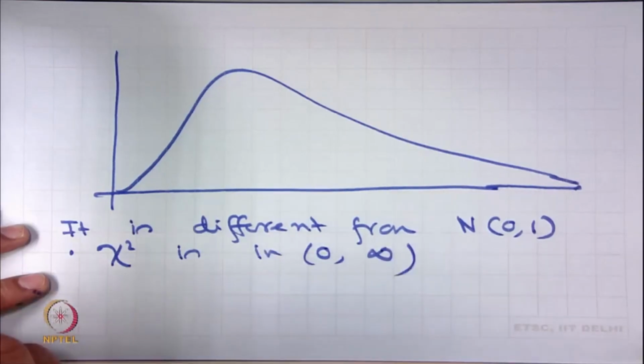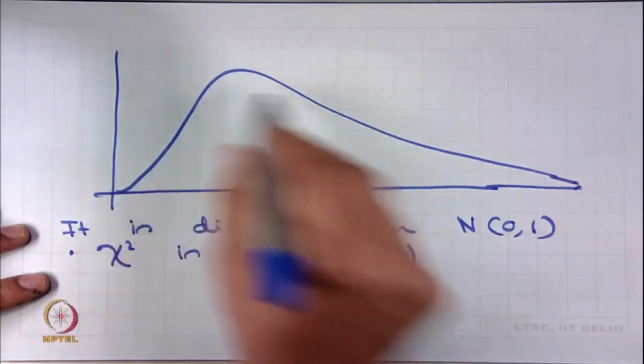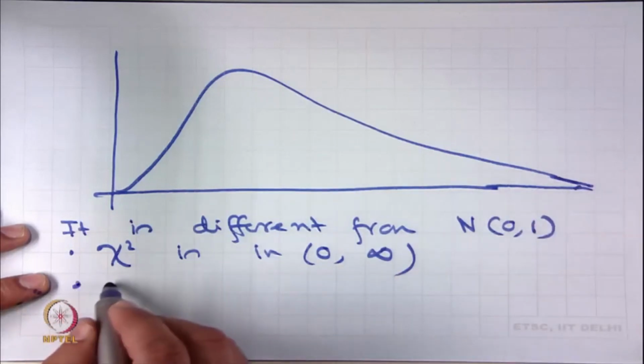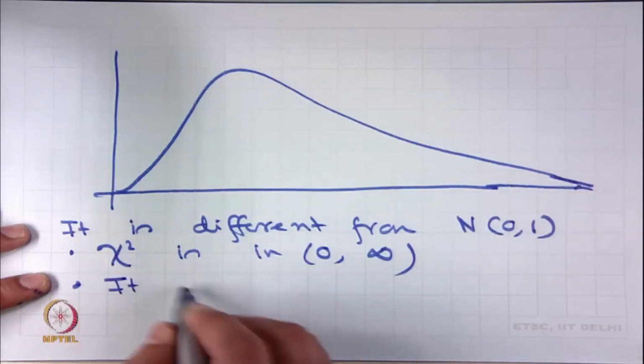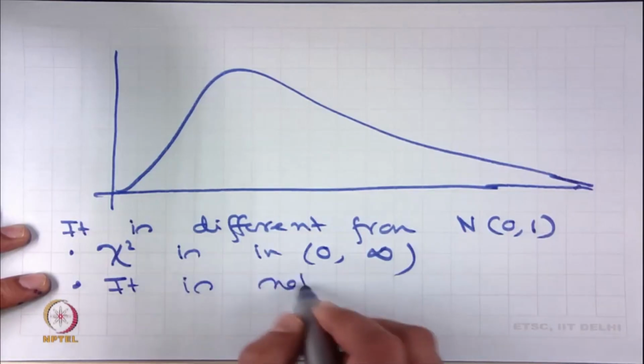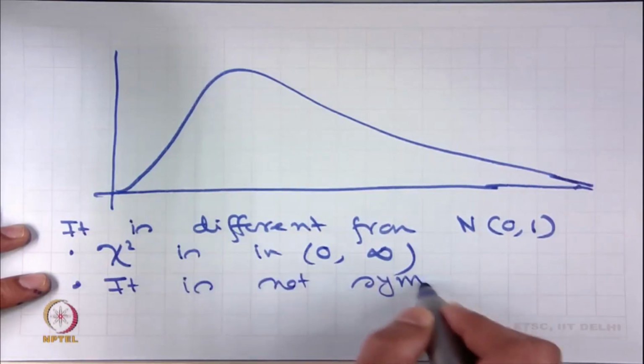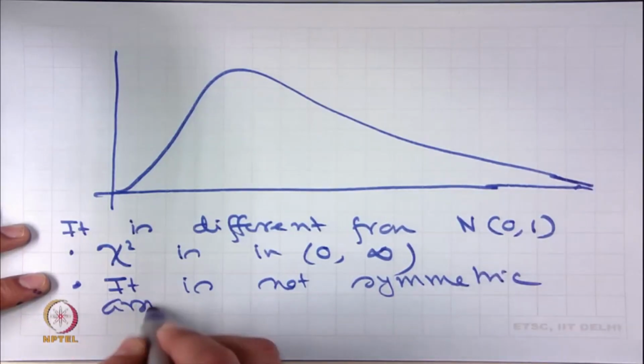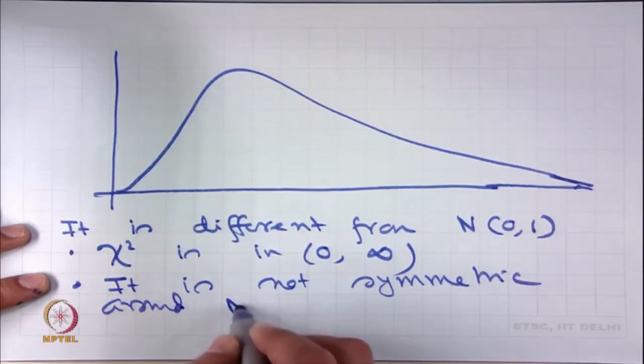It is a positive random variable, therefore it ranges over 0 to infinity, and secondly, it is not symmetric around the mean.